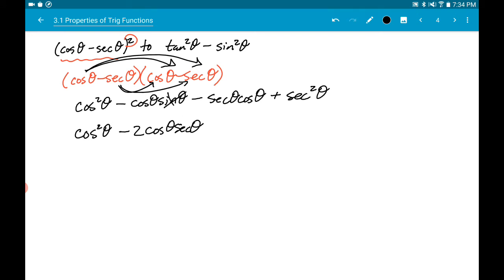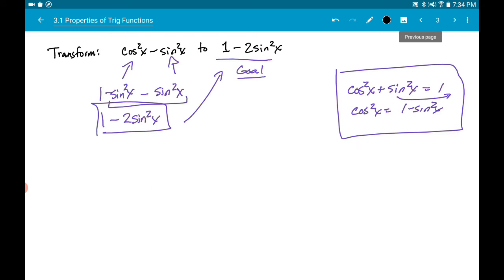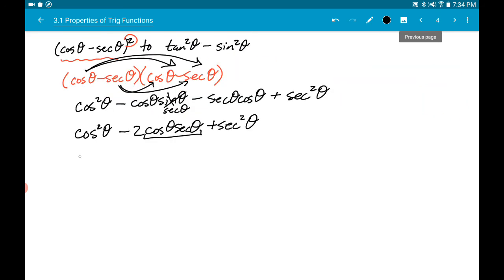I miscopied this. It should be a secant. Plus secant squared theta. And remember, these guys are reciprocals. Maybe you don't remember. I'll prove it to you right here. Cosine times secant is 1. So now I have cosine squared theta minus 2 times 1 plus secant squared theta.